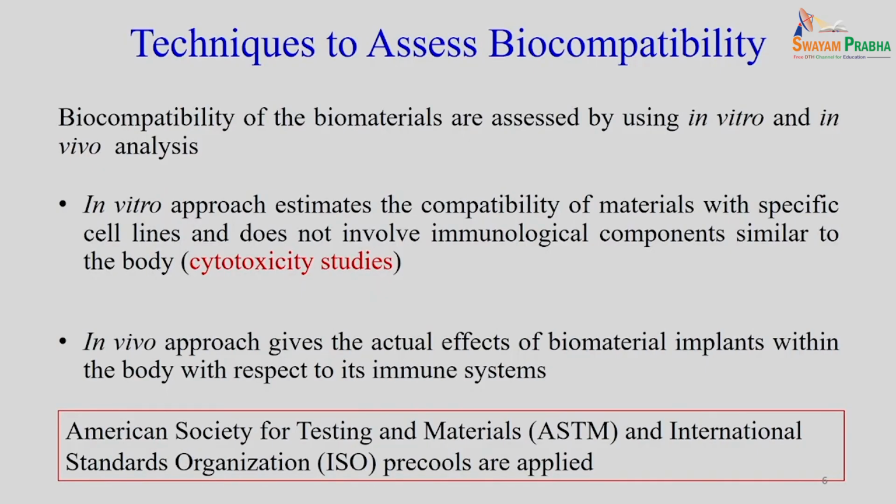We go for both in vitro as well as in vivo analysis. We start with the in vitro analysis. The in vitro approach estimates the compatibility of a material with specific cell types or a specific cell line, and it does not involve the immunological component similar to the body, because we are performing it in vitro.